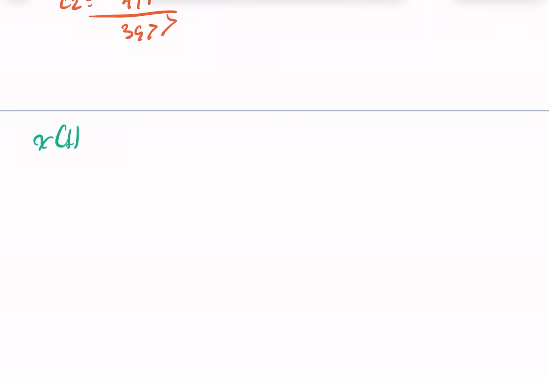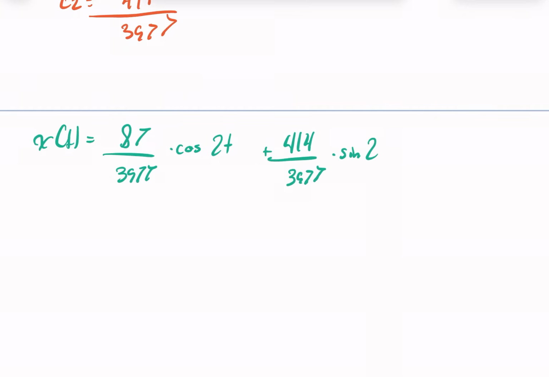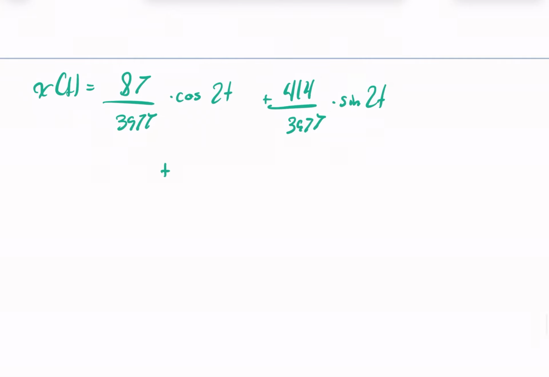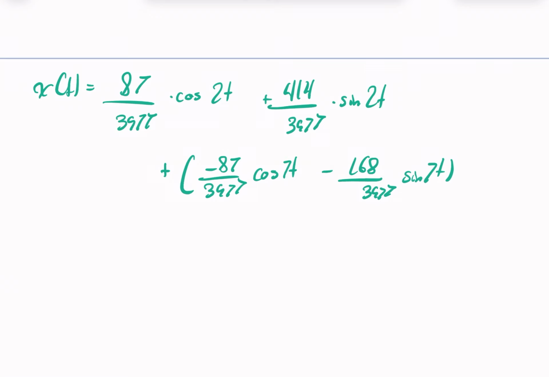So we have x at t equals 87 over 3977 times cos 2t plus 414 over 3977 times sine 2t plus negative 87 over 3977 cos 7t minus 168 over 3977 sine 7t e to the negative 4t.